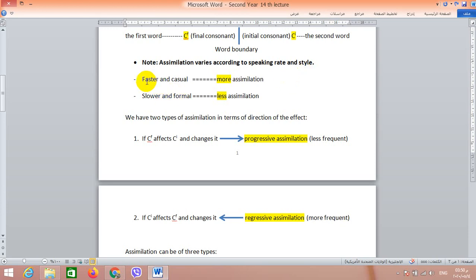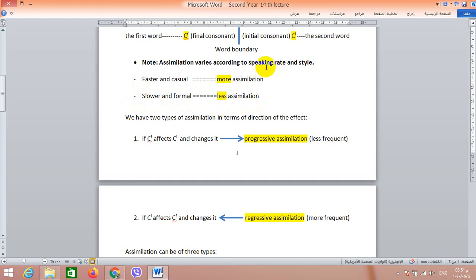If you are speaking quickly and casually, it means not formally, you can do more assimilation. You will have more assimilation. But when you are speaking slowly and formally, less assimilation is expected to happen.